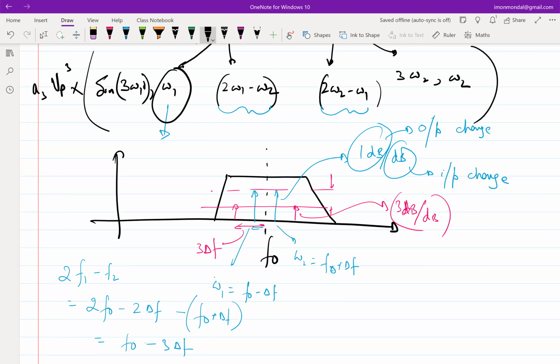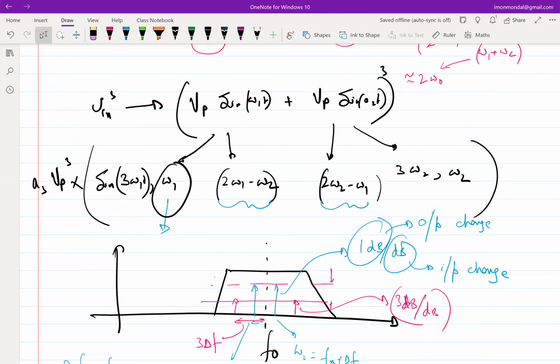So what is the contribution of this omega? What is the contribution of this fallback term?